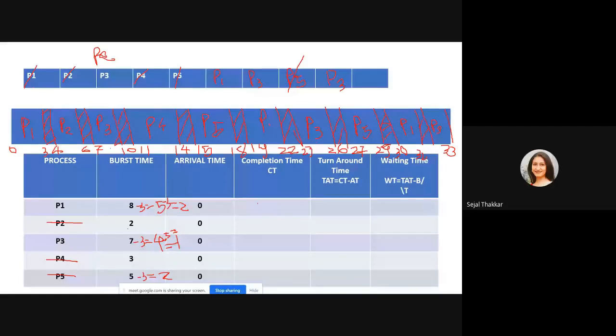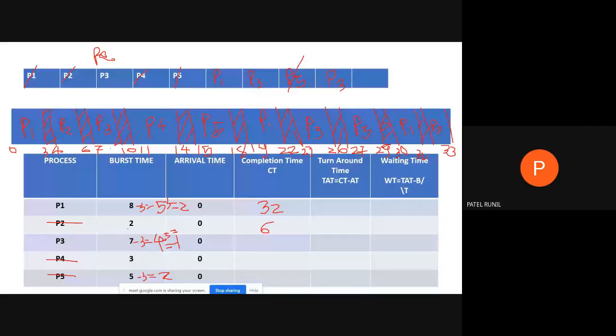What is the completion time of P2? 6. Completion time of P3? 33.